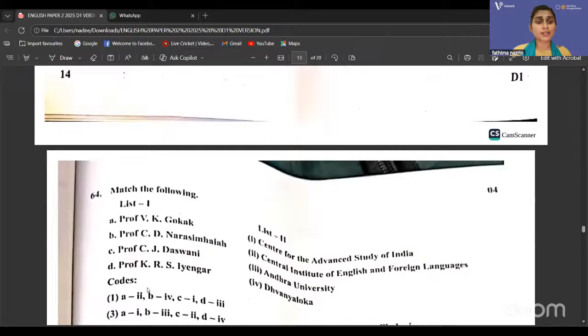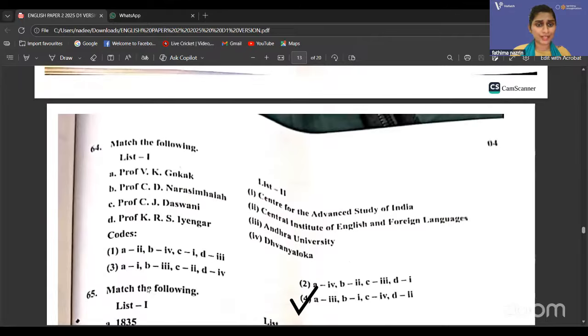Now, coming to the 64th question, this was a bit difficult, right? So, 64, the answer would be match the following. First, let me read the question. Match the following. You have a list of professors, important figures in Indian literature. Professor V.K. Gokak, Professor C.D. Narasimhaiah, Professor C.J. Daswani, Professor K.R.S. Iyengar.